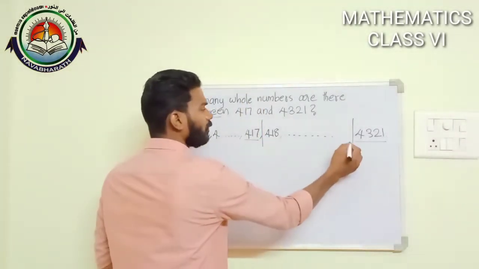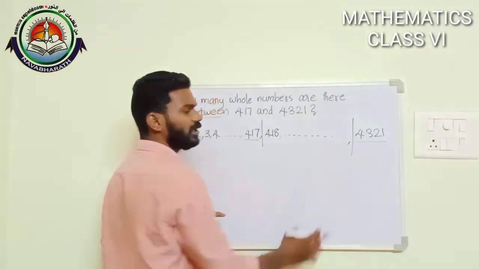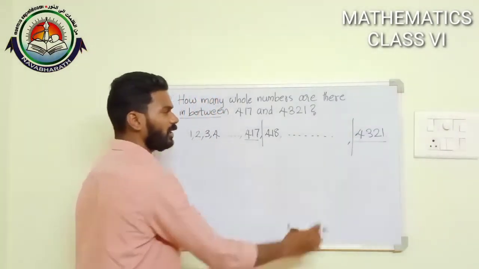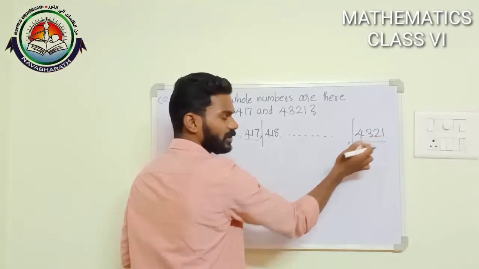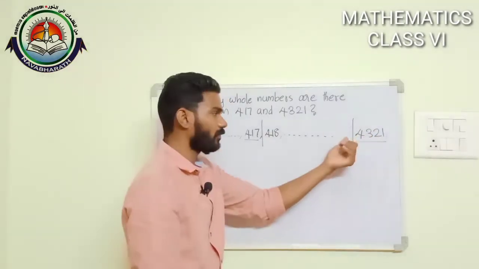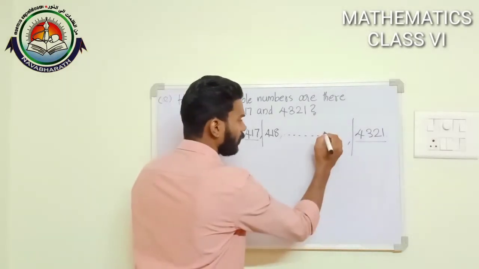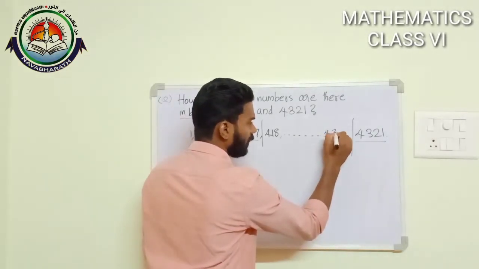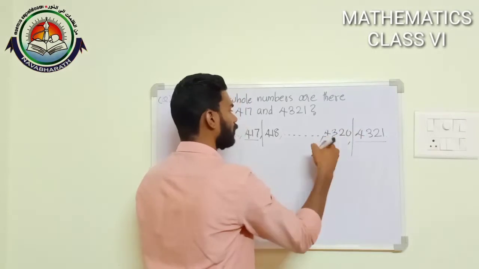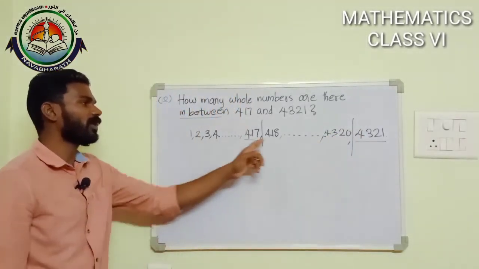Can you say which would be the number present here? It would be 1 less than this, which means the predecessor of this 4321. We should subtract 1, so that it would be 4320. Clear?